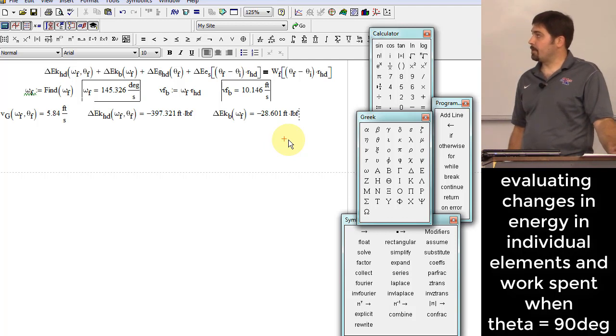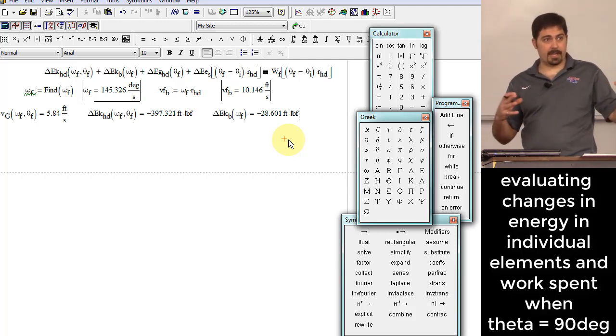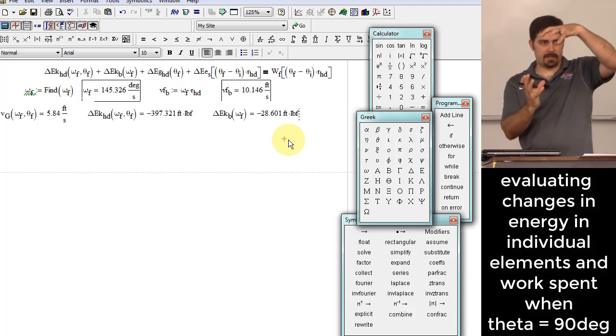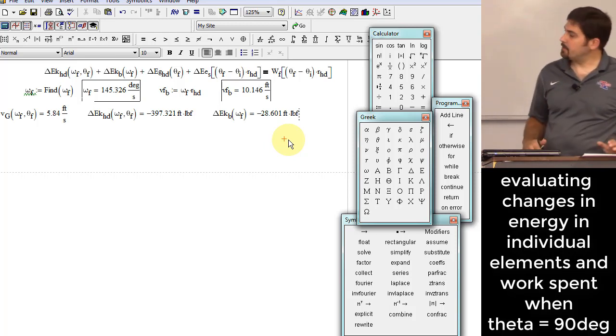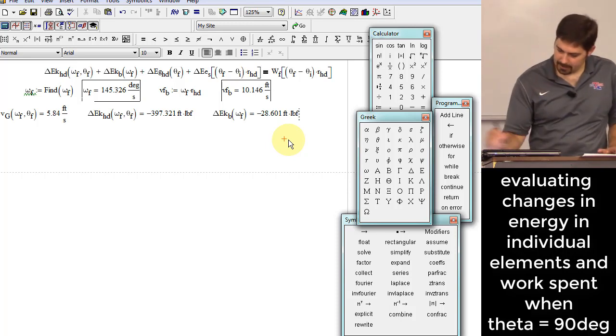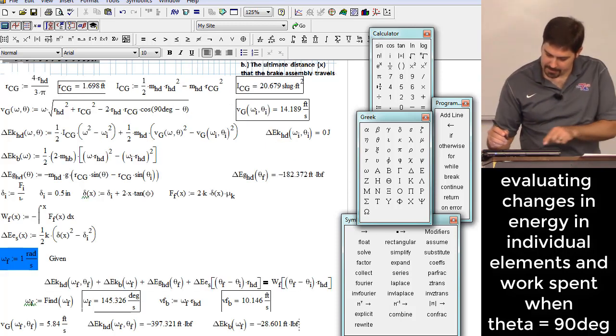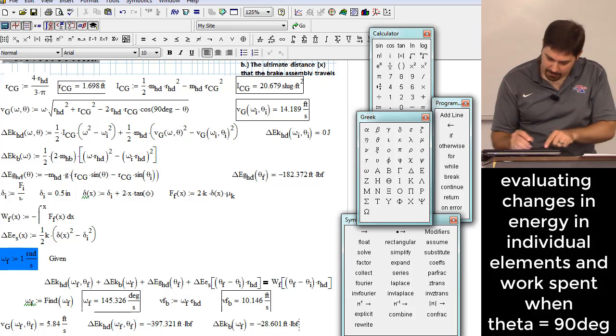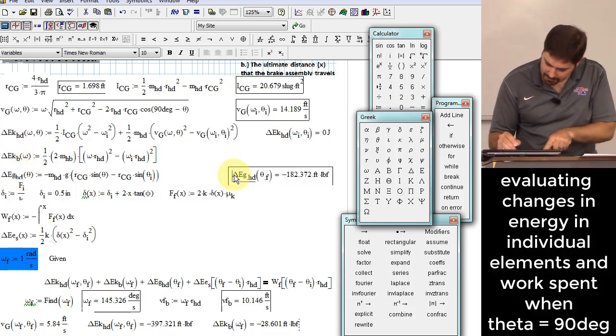Okay, it has also lost kinetic energy because it's slowing down. The brake unit with the spring in it is slowing down. And so it's losing that much energy. Okay, I'll go ahead and get all of them in here because I think it's nice to be able to see them all.